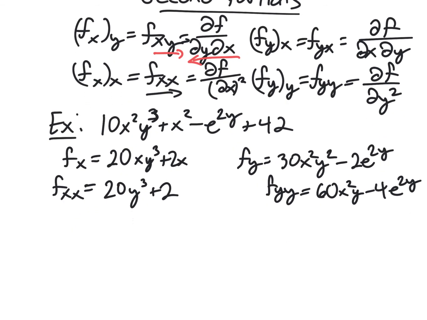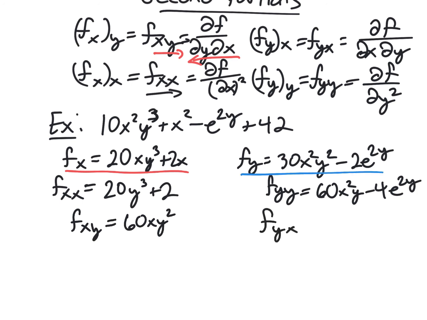And then the interesting ones is to look at the mixed partials. So f of xy means we start with this f sub x here and then do it with respect to y. So we're going to get 60xy squared, and then 2x is constant. Fyx, we start up here with fy, and then we are going to get also 60xy squared.